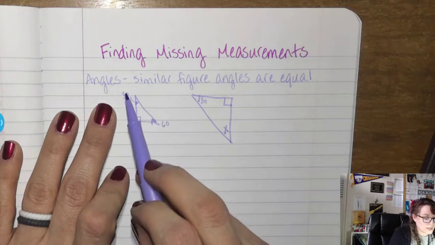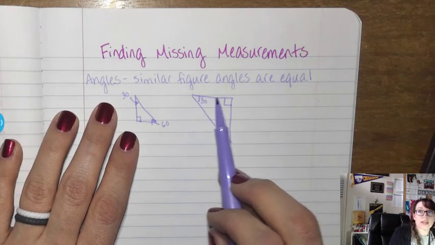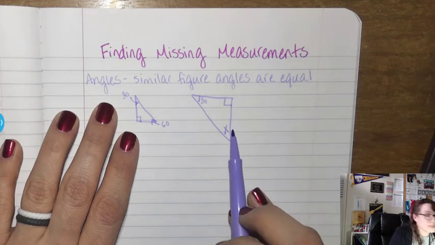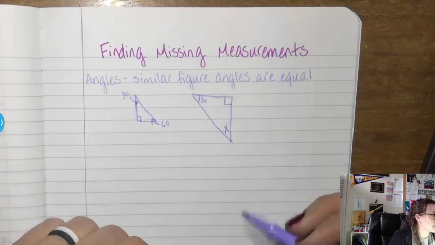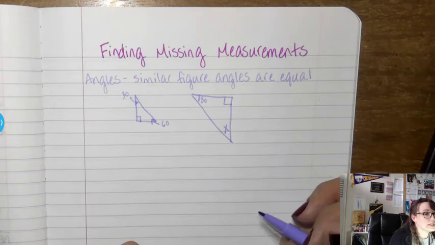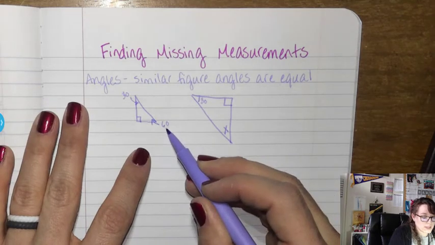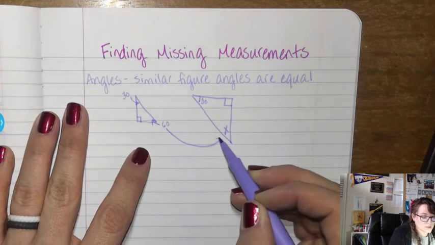Well, if this one is 30, 60, 90, and this one's got a 30 and a 90, what's the missing angle? 60, that's it. The angle part is easy.